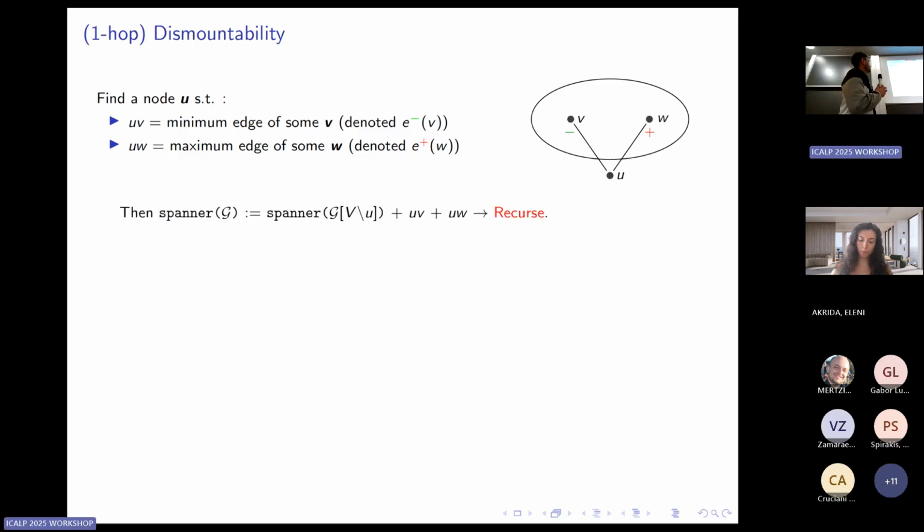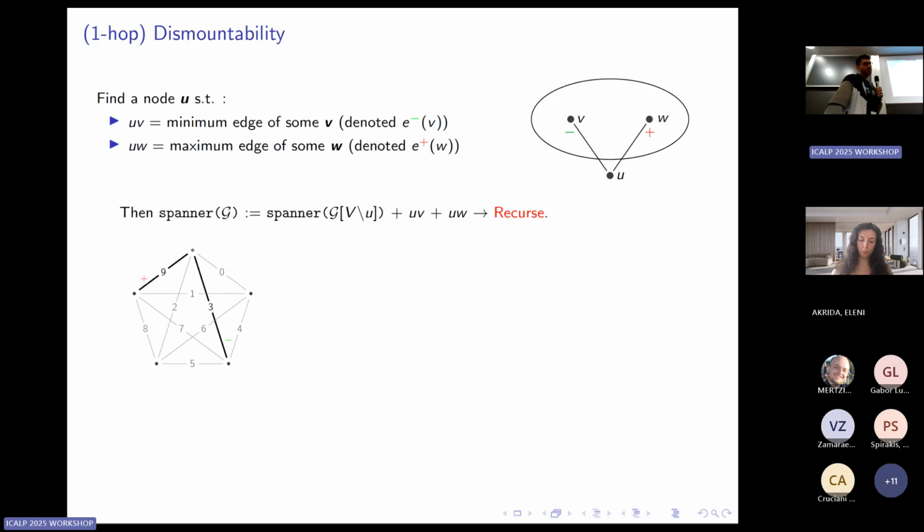So if you can find a vertex like this, you can store those two edges, recurse on the residual instance, and once you have found a spanner, you attach those two edges, and all will work well.